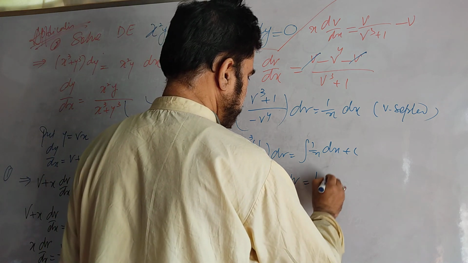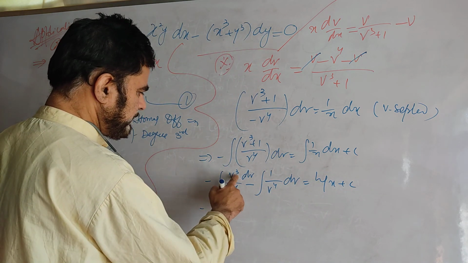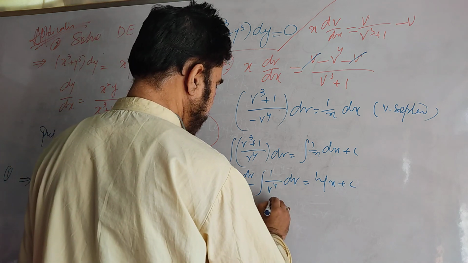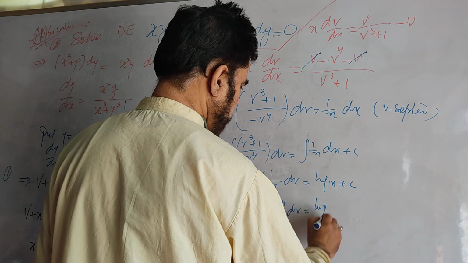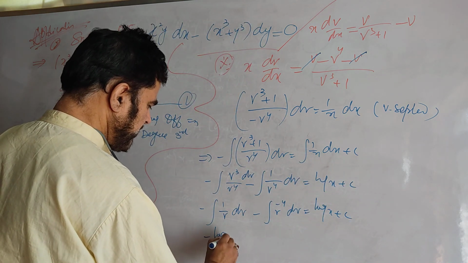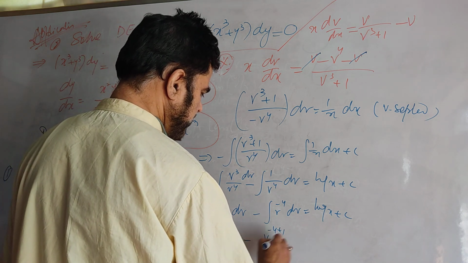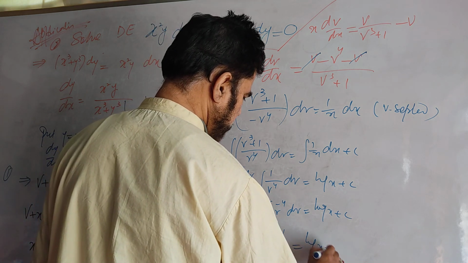This is log x plus c. This is minus the integral of 1 by v dv minus the integral of v raised to the power minus 4 dv, equal to log x plus c. You can write it as minus log v minus v raised to the power minus 4 plus 1 by minus 4 plus 1, as you know, equal to log x plus c.